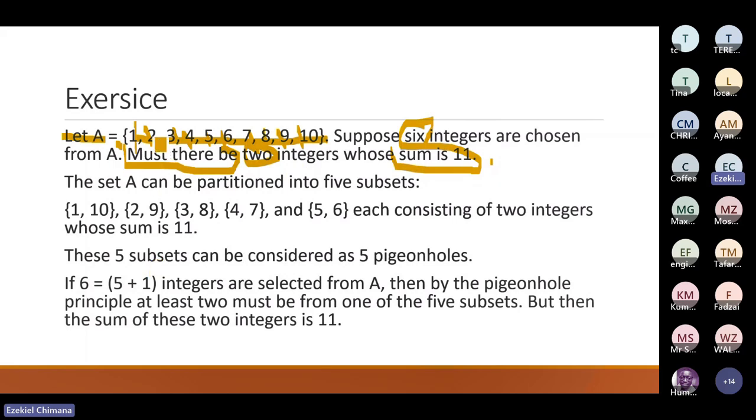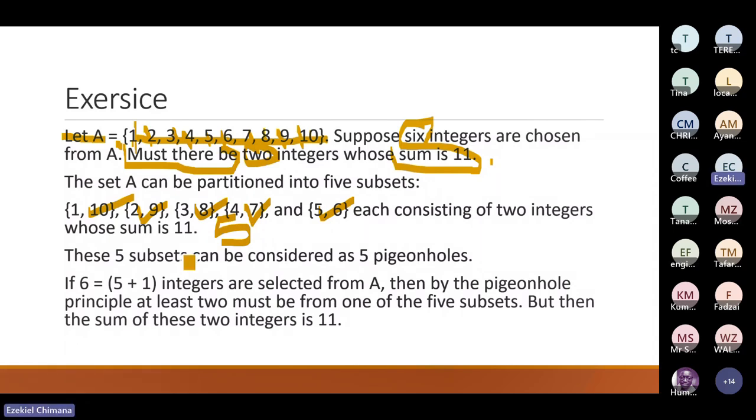So you check the possible numbers that give 11. If you take 1 and 10, 1 plus 10 gives you 11. 2 and 9 gives you 11. 3 and 8 gives you 11. 4 and 7 gives you 11. 5 and 6 gives you 11. And if you count these sets, the total number is 5: 1, 2, 3, 4, 5.